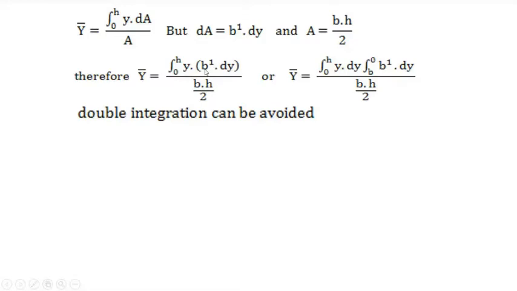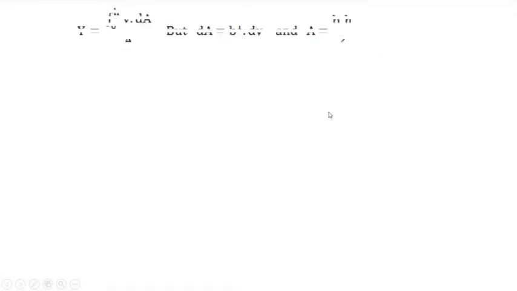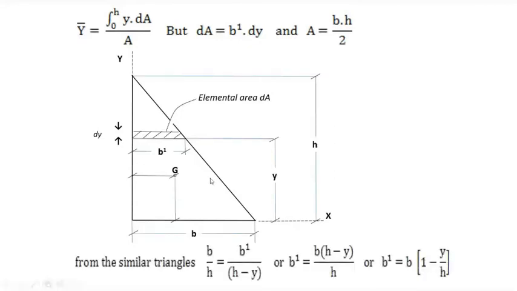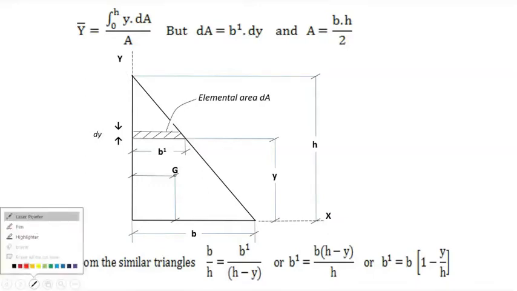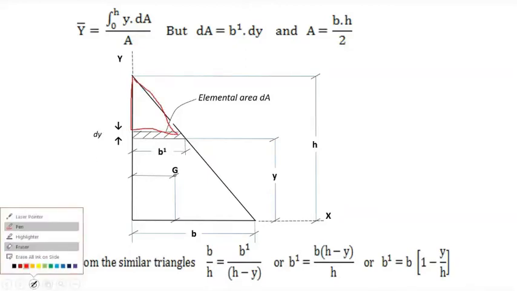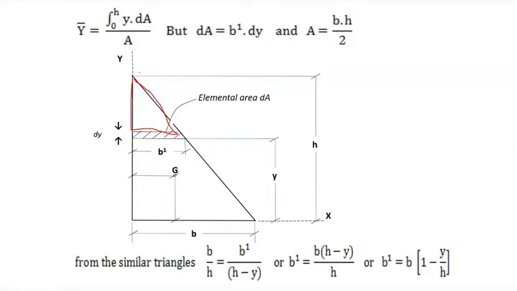We can calculate b dash in terms of y itself, so that we can avoid the double integration. To do that, let us consider similar triangles. One triangle is here, and the other is the larger triangle, which is normal. This is another triangle.